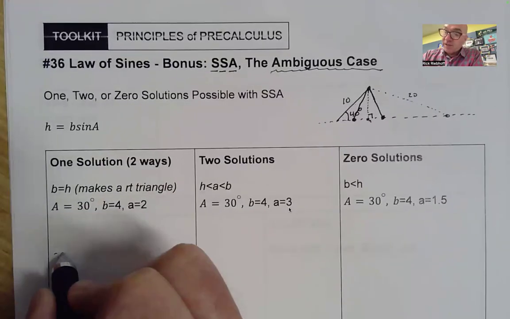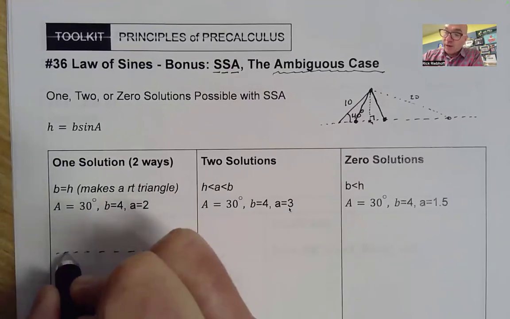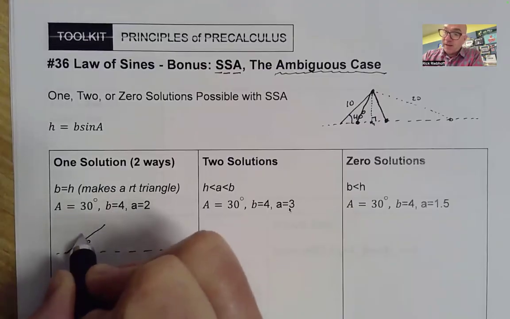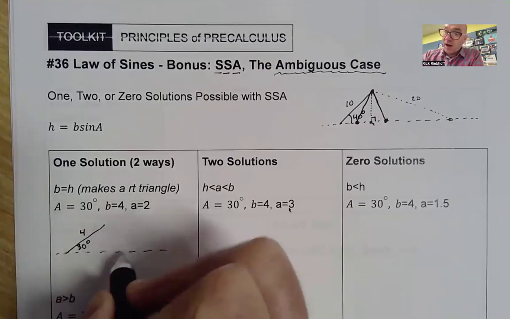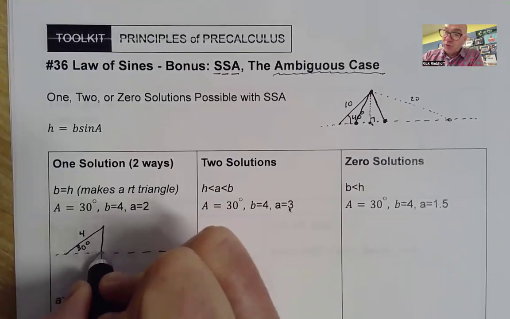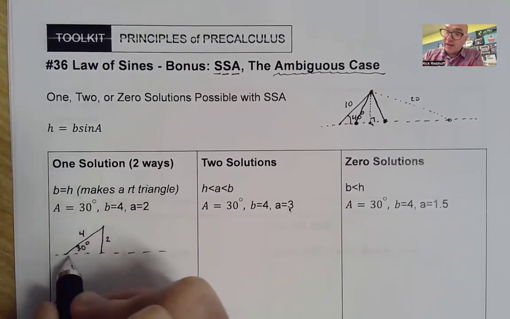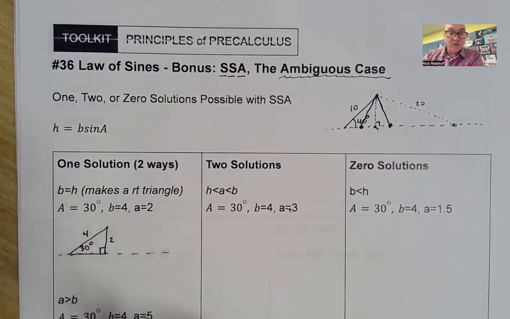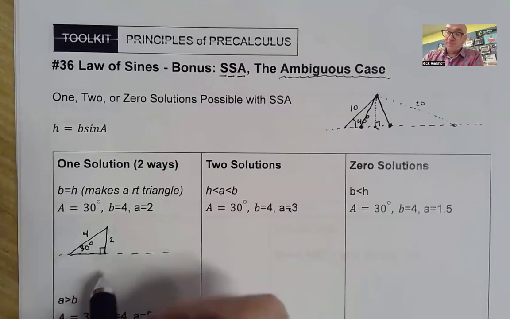This is along the ground. We know we're going up 30 degrees. We know our B is 4 and our A is 2. And this works because this is a 30-60-90 triangle.